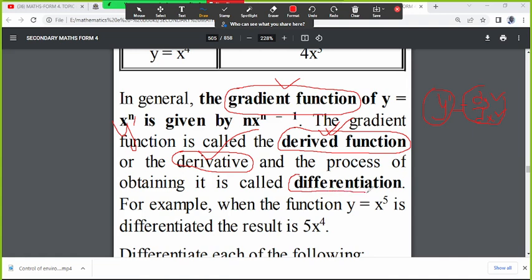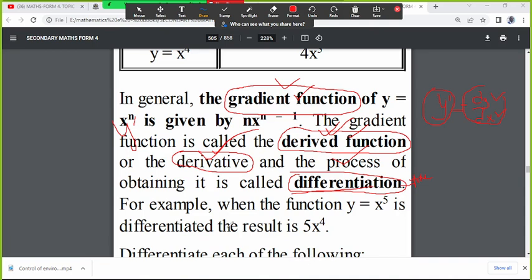Differentiation is a process of obtaining the gradient function, the process of obtaining the derived function of a function. So differentiation is the process of obtaining the derivative function, the gradient function, the derived function from a curve, from a function.